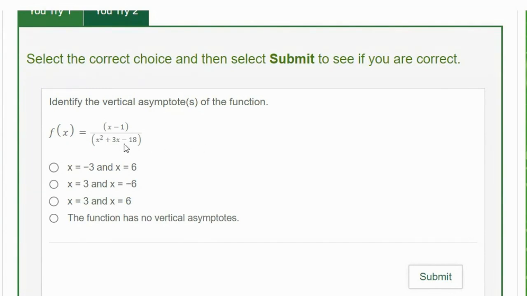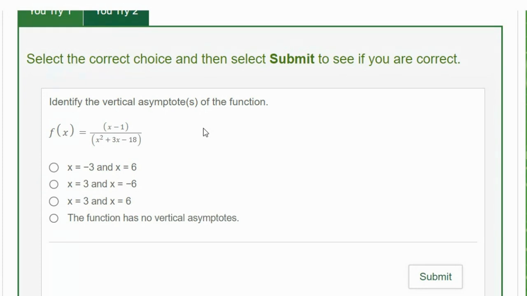So you need to factor it into two numbers that multiply to be -18 but add to be +3. So it'll be x plus something, x minus something. And I'm guessing it's 3 and 6. If we want a +3x, it must be x plus 6, x minus 3, because you need the positive number to be bigger than the negative number for this to be a positive middle term.